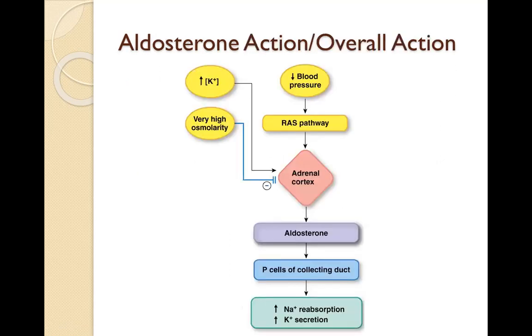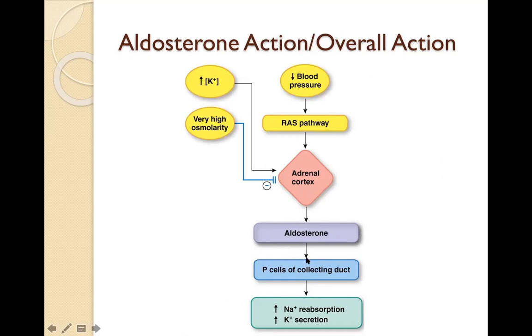There is a flow chart that will talk about the reabsorption of sodium and the stimuli. The first stimulus is that high potassium level. That high potassium level will be sensed by the adrenal cortex, and the zona glomerulosa of the adrenal cortex will release aldosterone.